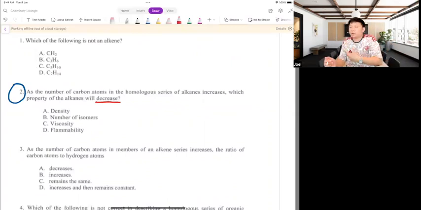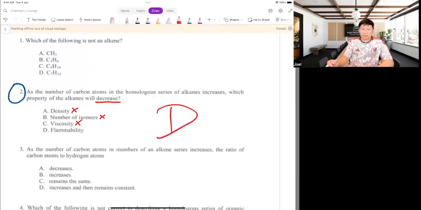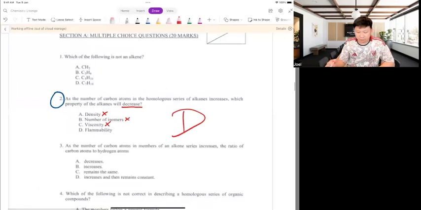Solid is the most dense, so it increases. Number of isomers should be more, because with more carbon I can arrange in many ways. Viscosity increases. Remember just now? Solids are very viscous. So the answer is flammability. Difficult to burn. Easy, this is directly from what I asked you to learn just now. Be careful.